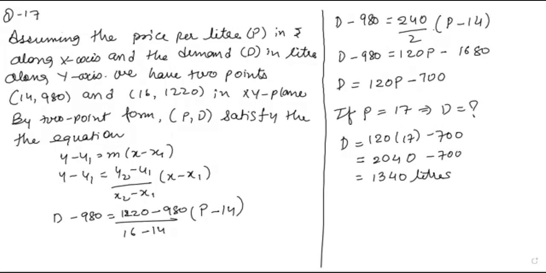So I can sell 1340 liters of milk at 17 rupees per liter.